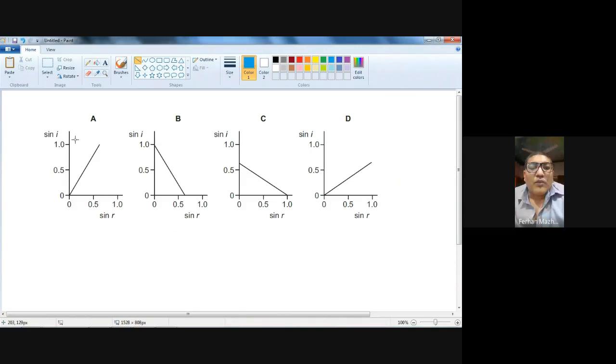The slope of these graphs is equal to the refractive index of the glass, and because it's glass, its refractive index is more than 1. So let me take a point here. See how I do it. Because it's a straight line.